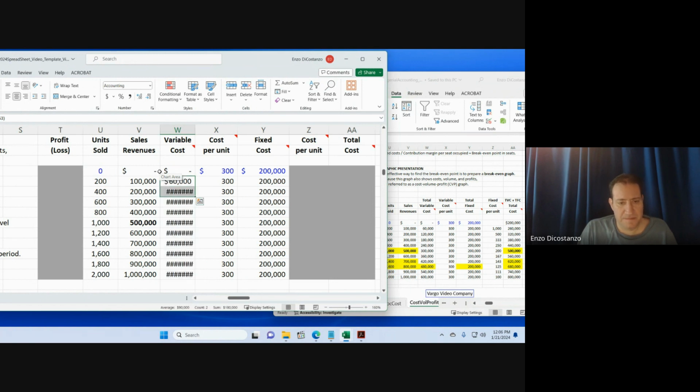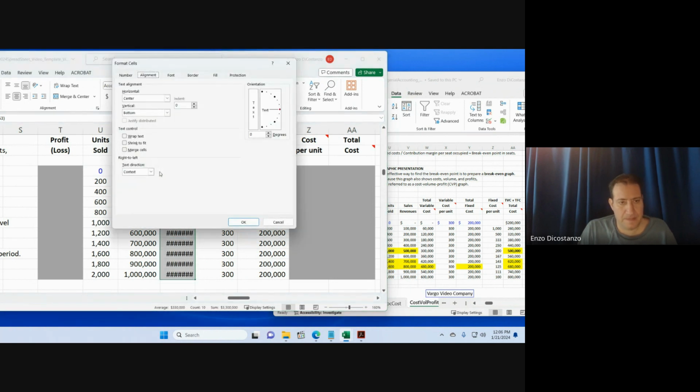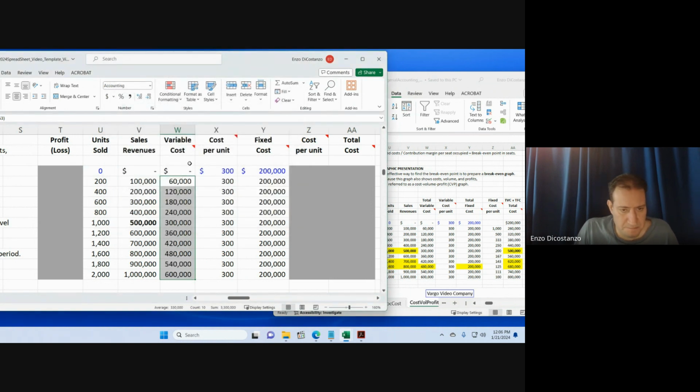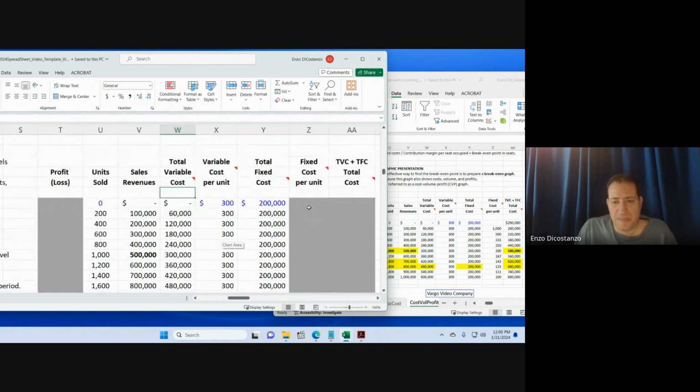Control D. Okay, there are your variable costs now. We'll explain what's highlighted and why. So you have your variable costs, you have your revenues coming in, and we're doing this in table form.